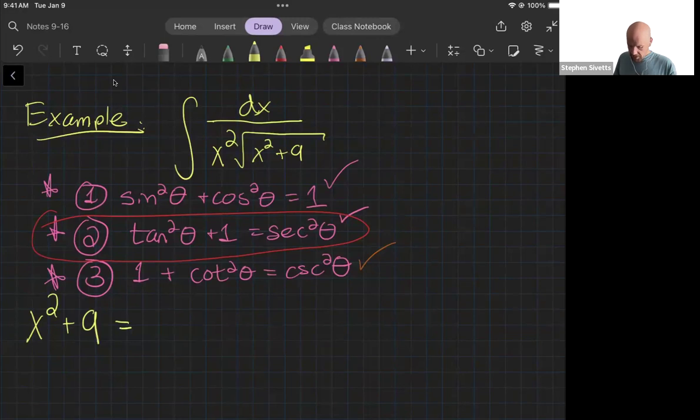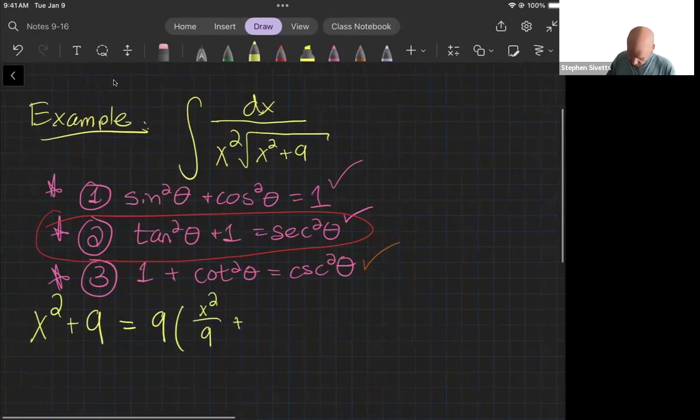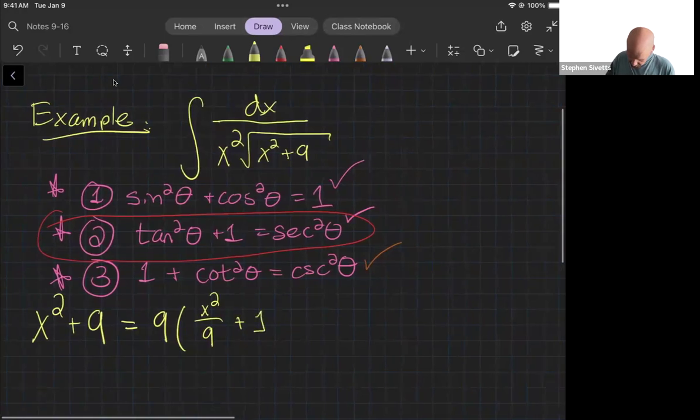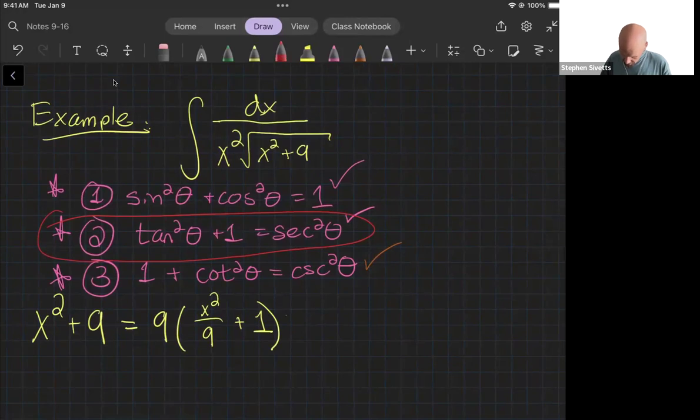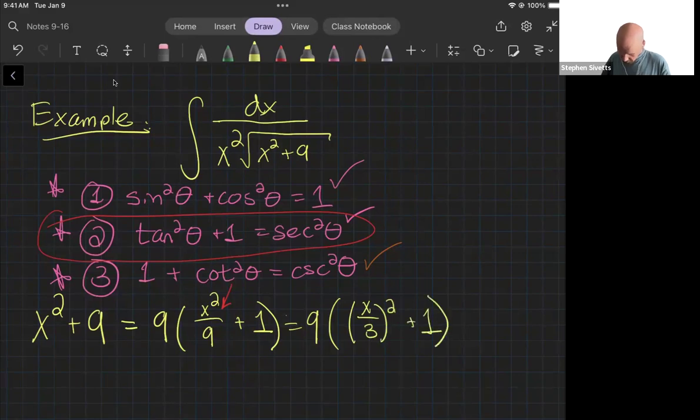If I can rewrite x squared plus 9 so that it has a plus 1 in this quantity, what we can do is factor 9 out of each term, and I'll get 9 times x squared over 9 plus 1. And I can rewrite this as 9 times x over 3 squared plus 1.